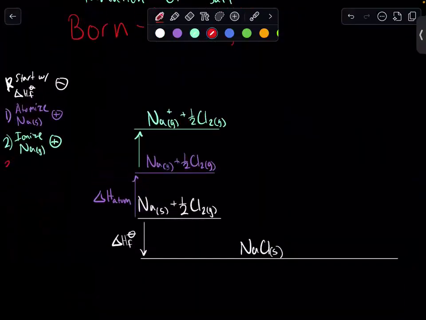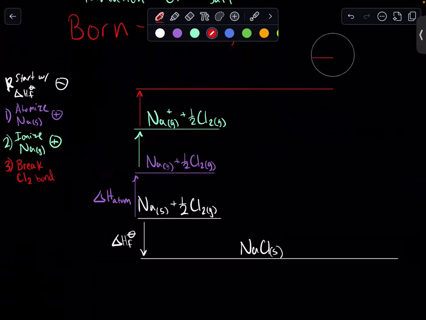So our real step 3 is we are going to break the chlorine bond. Once again, breaking bonds is a positive enthalpy change, so we're going to use another up arrow. Actually, whoops.